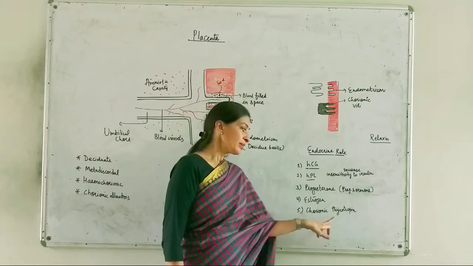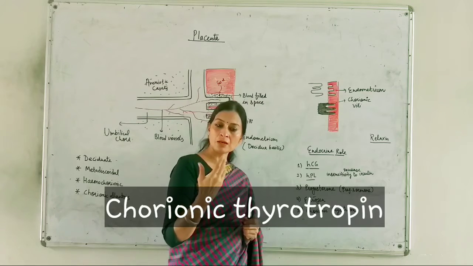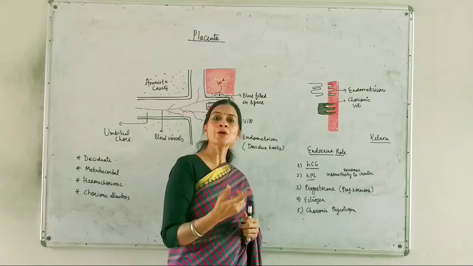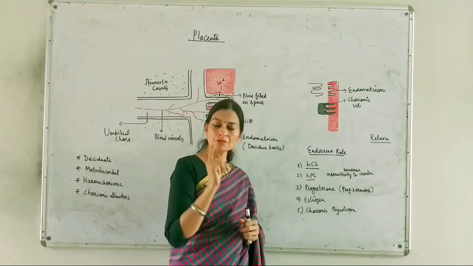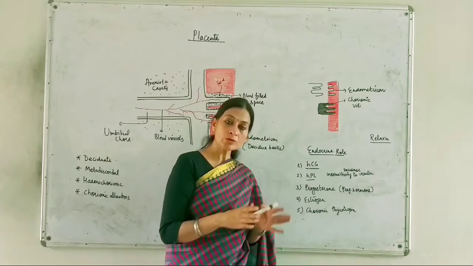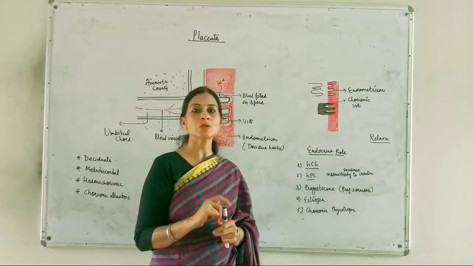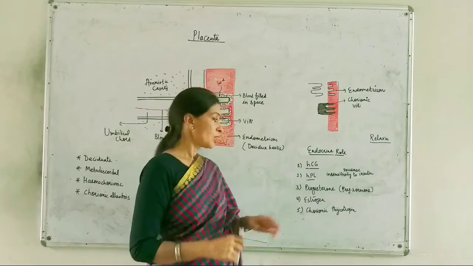And the chorionic thyrotropin. This chorionic thyrotropin hormone will stimulate the thyroid gland to release the thyroxine, which will increase the basal metabolic rate of mother so that more and more nutrition can be diverted towards the developing fetus.